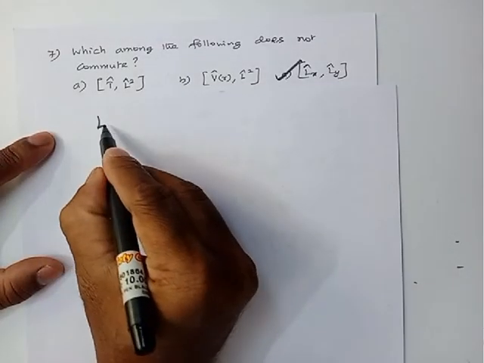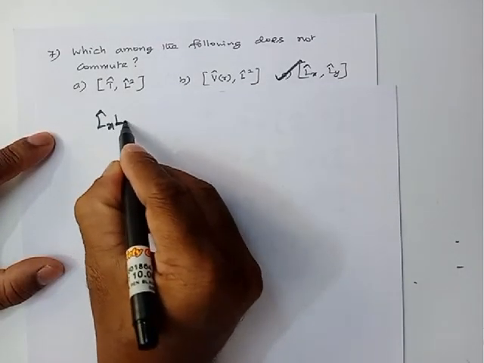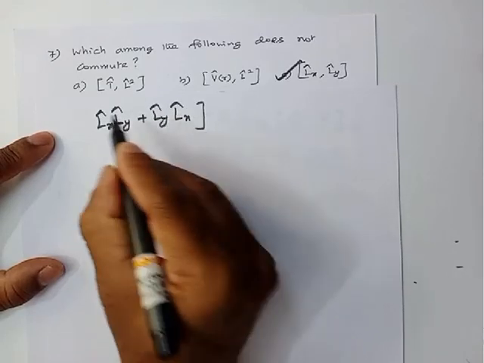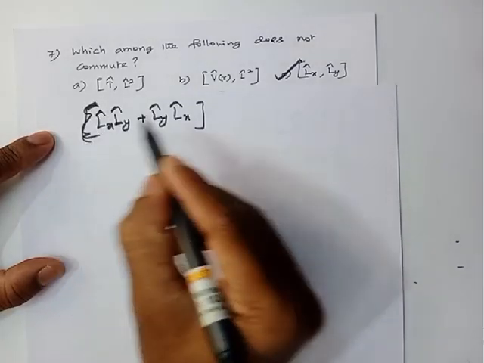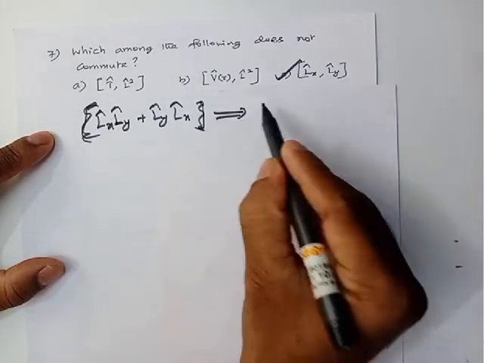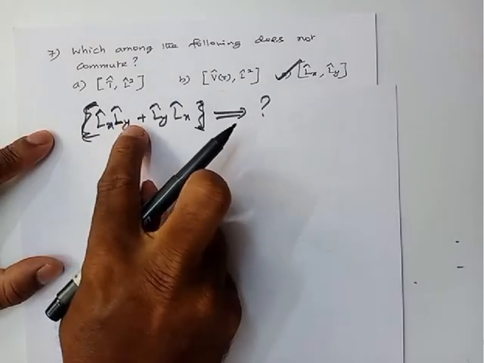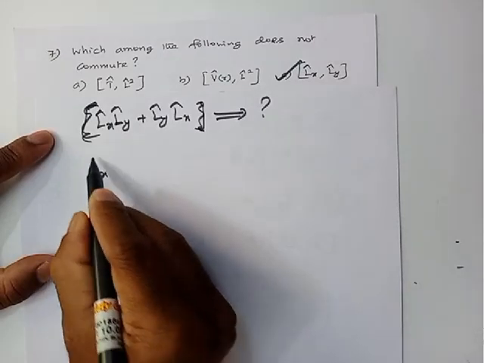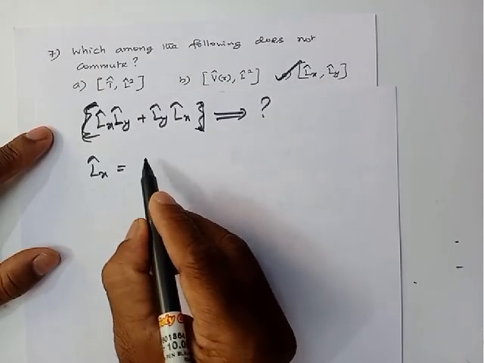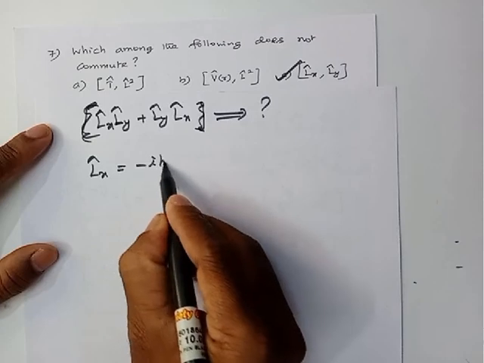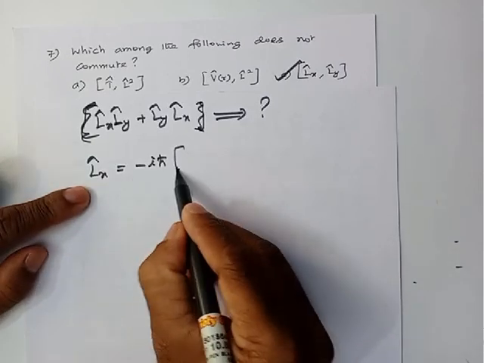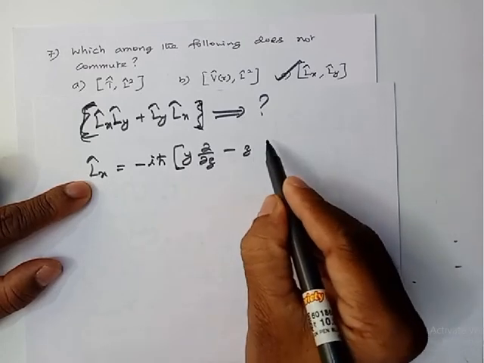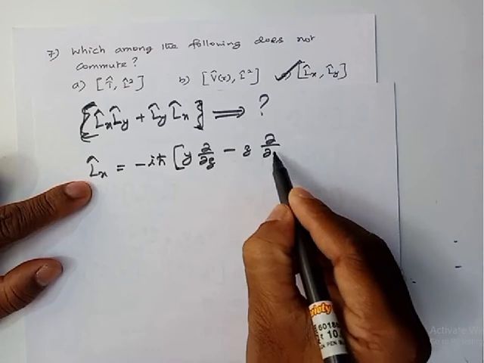Sometimes they'll ask a question like this: Lx Ly plus Ly Lx. Now the question is, is this operator Hermitian? Lx into Ly plus Ly into Lx. You know very well the formula for Lx: minus i h bar, y into dou by dou z minus z into dou by dou y.